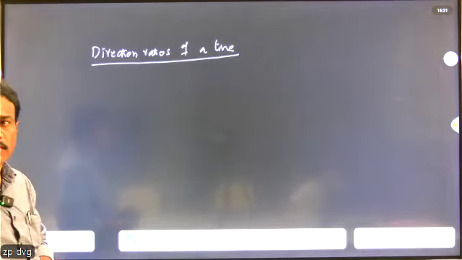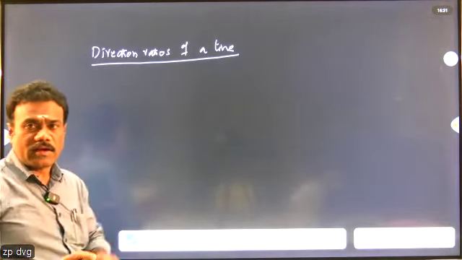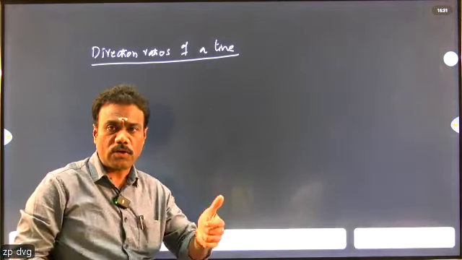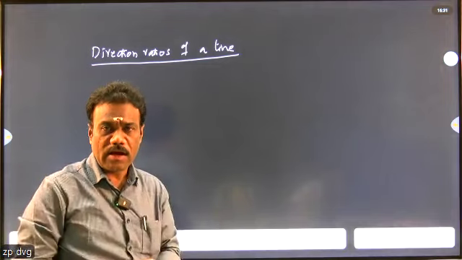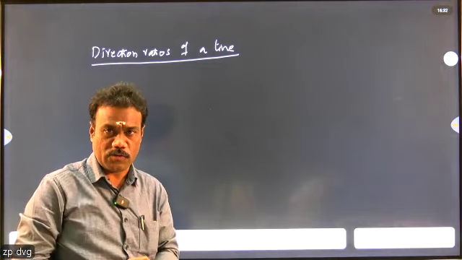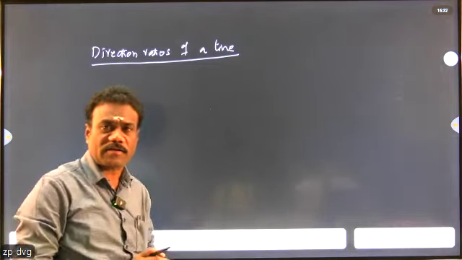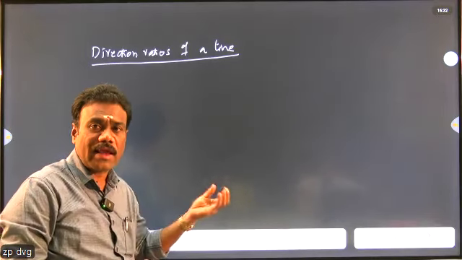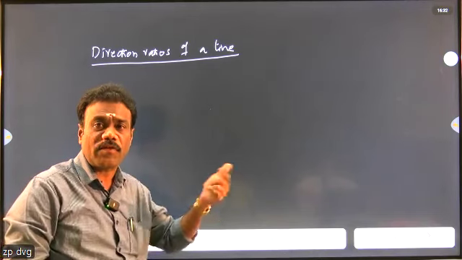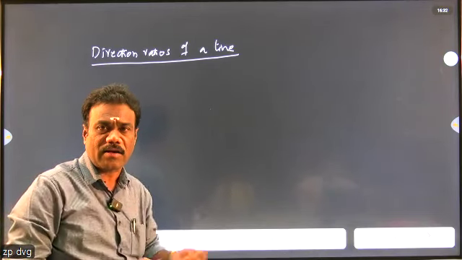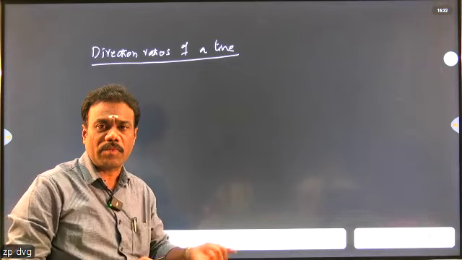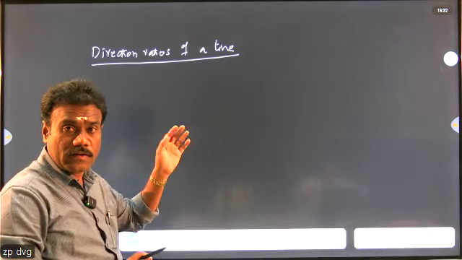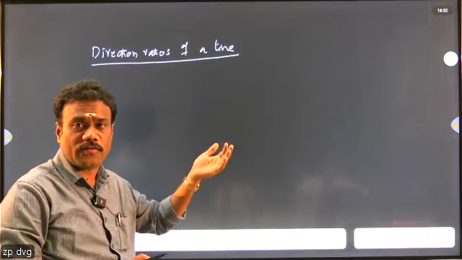Any three numbers which are proportional to direction cosines are called direction ratios. Already we have discussed that direction cosines of any line, any directed line, are denoted with L, M, N. So those are direction cosines. Now we are going to discuss direction ratios of a line.